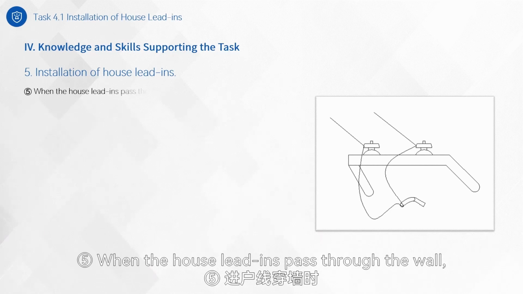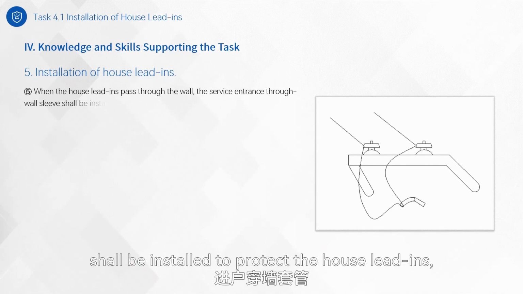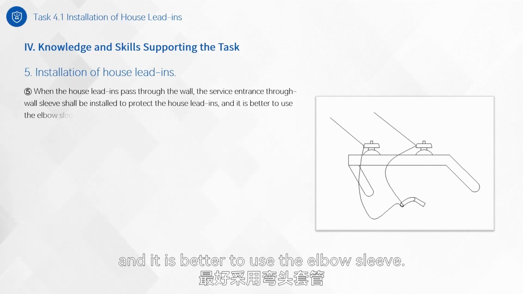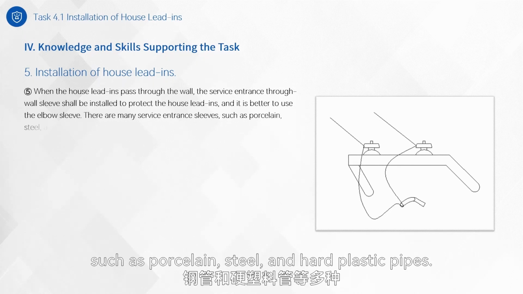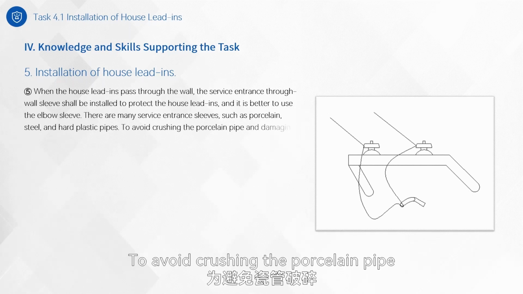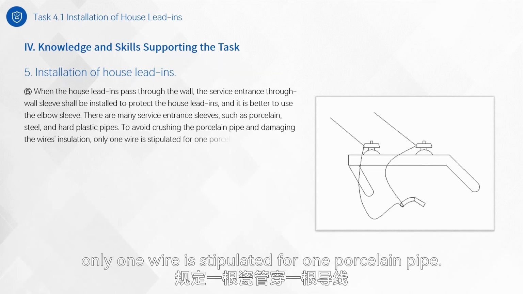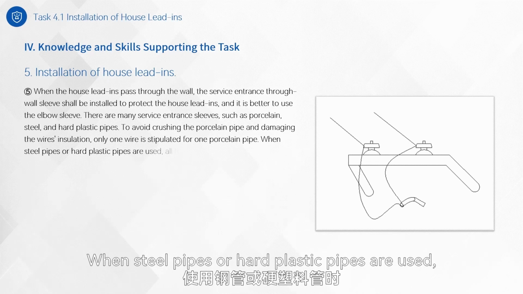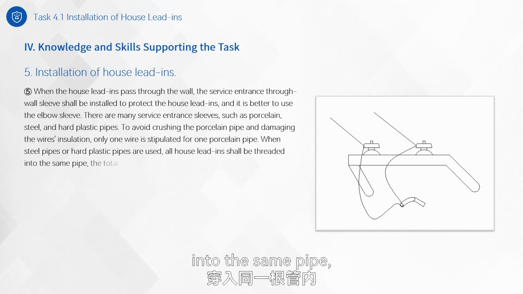When the house lead-ins pass through the wall, the service entrance through wall sleeve shall be installed to protect the house lead-ins, and it is better to use the elbow sleeve. There are many service entrance sleeves, such as porcelain, steel, and hard plastic pipes. To avoid crushing the porcelain pipe and damaging the wire's insulation, only one wire is stipulated for one porcelain pipe. When steel pipes or hard plastic pipes are used, all house lead-ins shall be threaded into the same pipe.